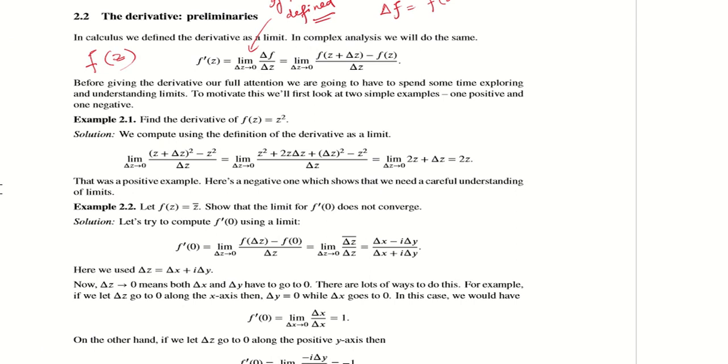So f of z equals z bar, the complex conjugate of z, where z is x plus iota y. So z bar would be x minus iota y, the complex conjugate.